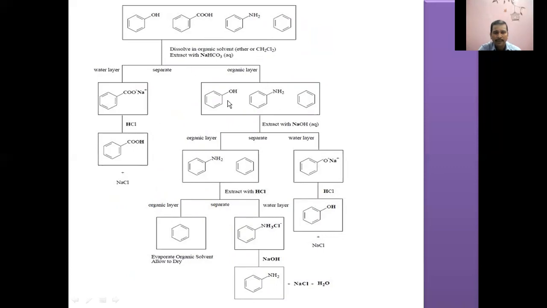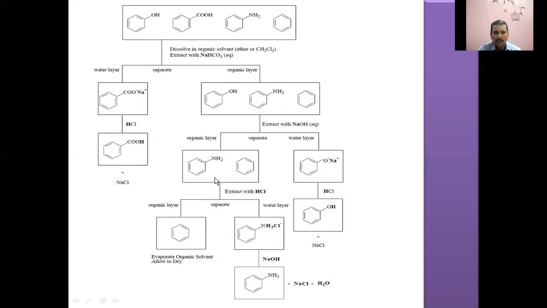Take the organic layer, left with 3 compounds. There is aniline, it is basic, phenol, it is acidic, and benzene, it is neutral.